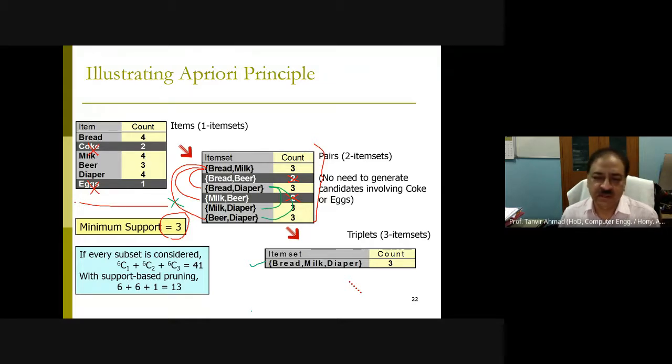diaper and beer. Now, you find that the support of the rules of bread diaper and milk diaper is 3. Whereas if you combine these two, you will get milk diaper beer. When you combine these two, you will get milk, beer, and diaper.